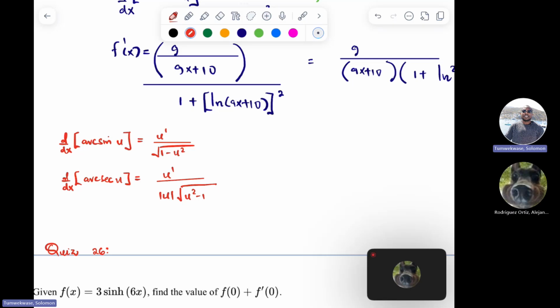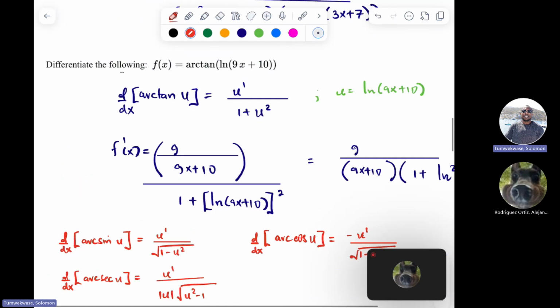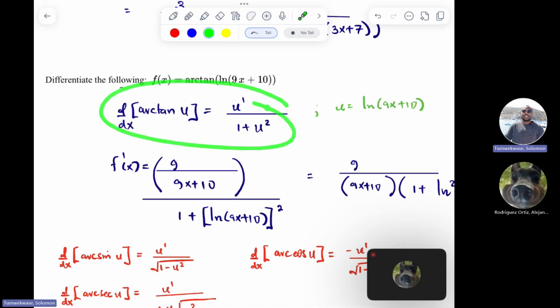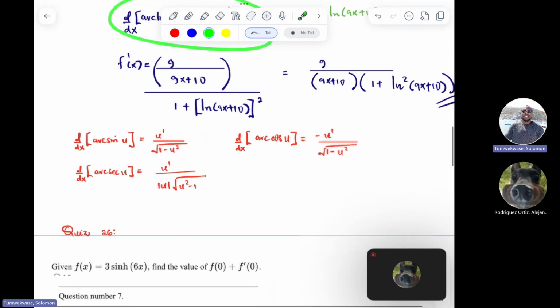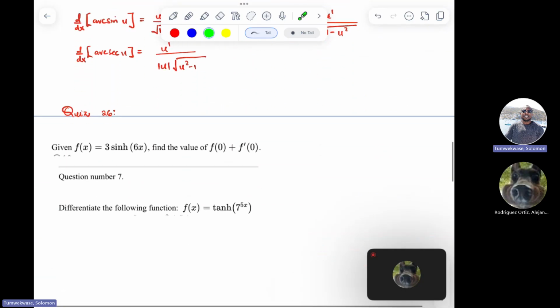And for arccosine, d dx of arccosine of u is negative u prime over the square root of 1 minus u squared. And I wrote the one for arctangent right here. Just in case you come back to look at this.